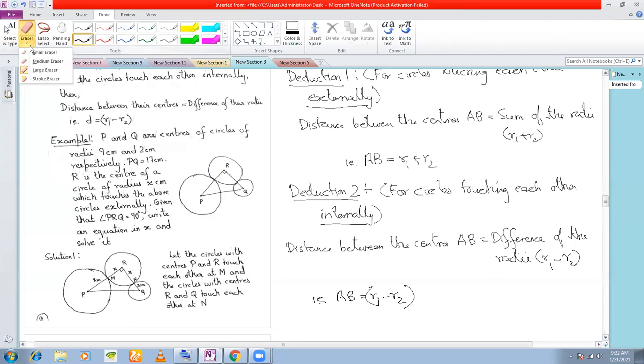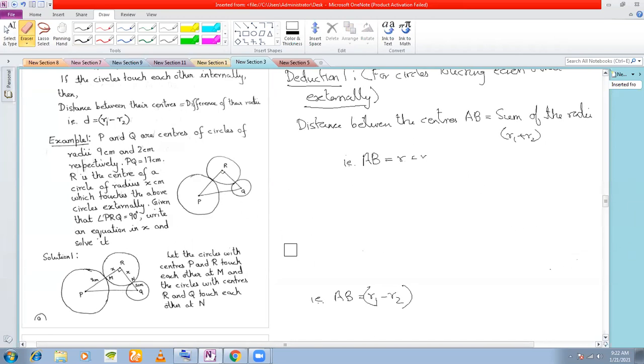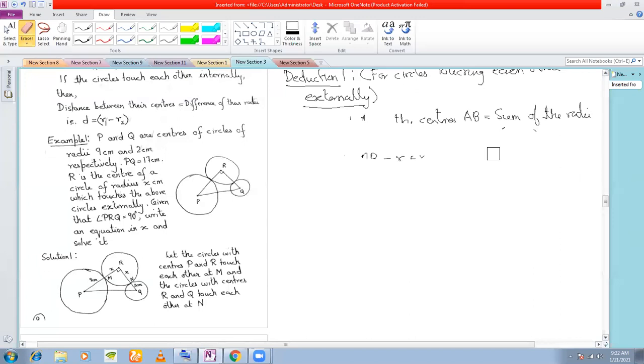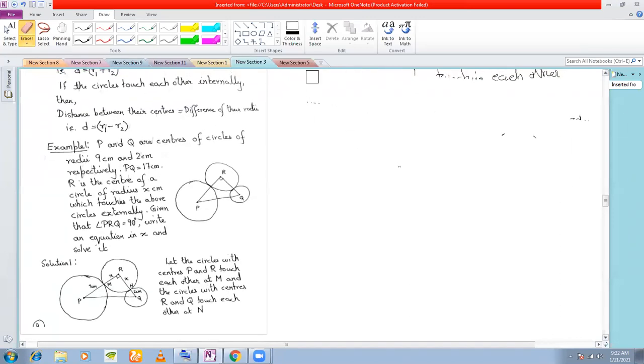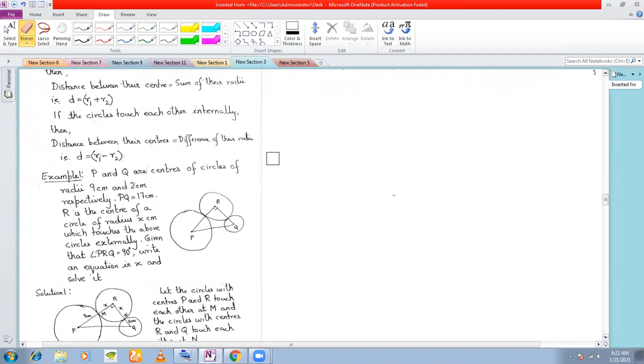This is an example here. We shall see how we apply this theorem. If you see in this diagram, you have three circles drawn, out of which two pairs intersect each other. The third pair don't intersect.